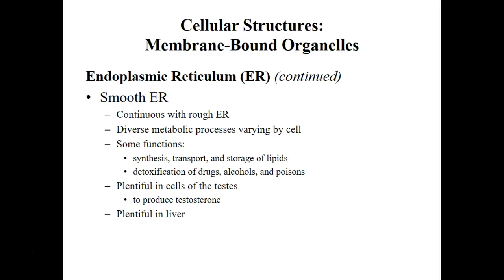It helps to detoxify the cell from different alcohols and other poisons. So we find a lot of smooth ER in areas where you're going to need extra detoxification, like the liver.